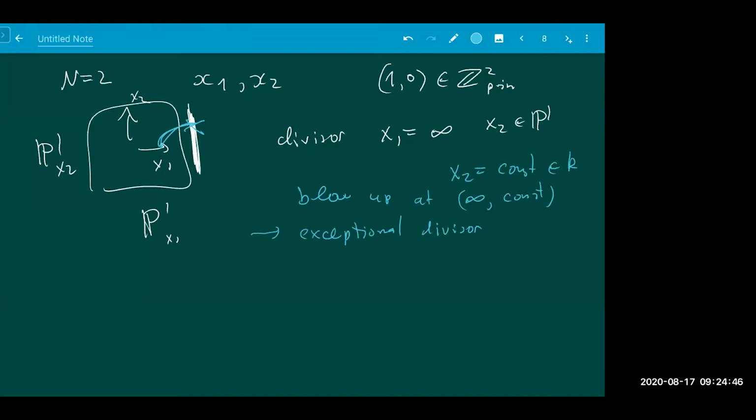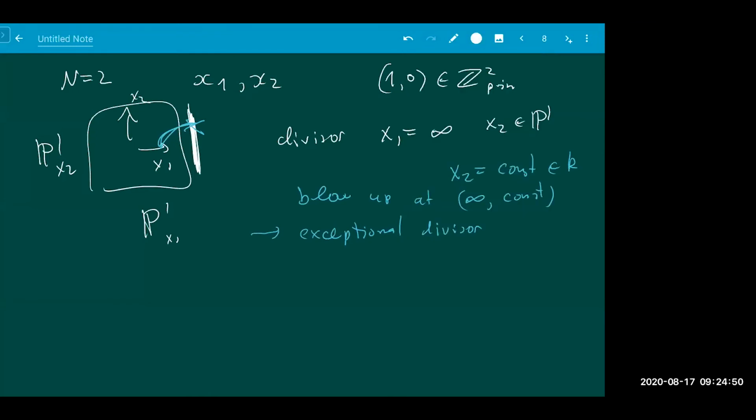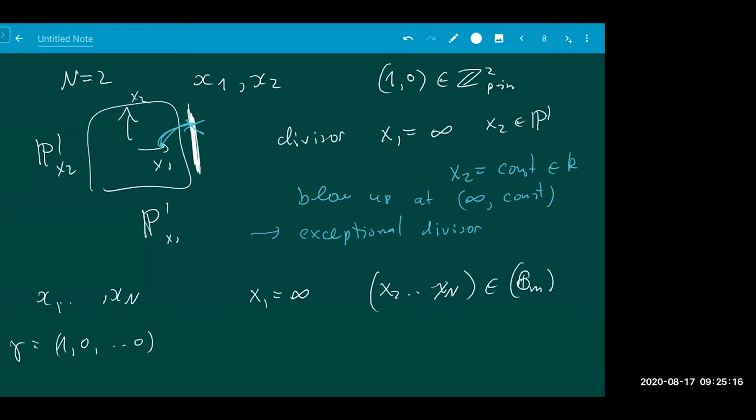And a similar situation can happen in higher dimensions. Namely, you now have n coordinates, x1, ..., xn. Let's say my primitive vector is (1, 0, 0, 0). And now I have the divisor x1 equal to infinity. Let's take the product of projective lines, but now x2, ..., xn lie in G_m, the multiplicative group, to the power n minus 1.